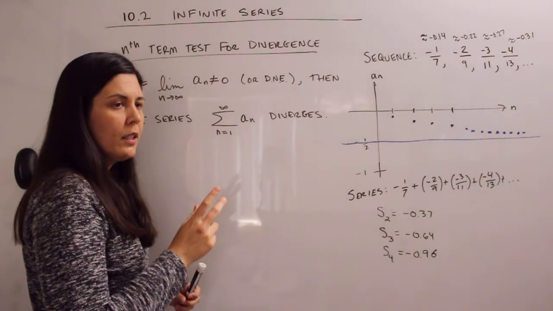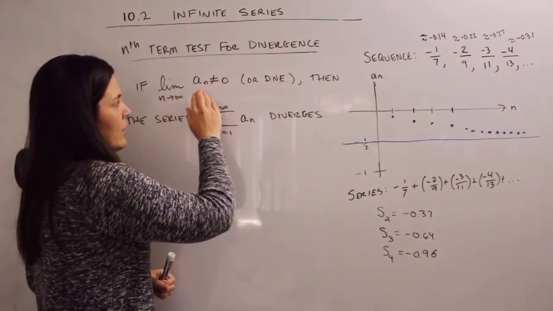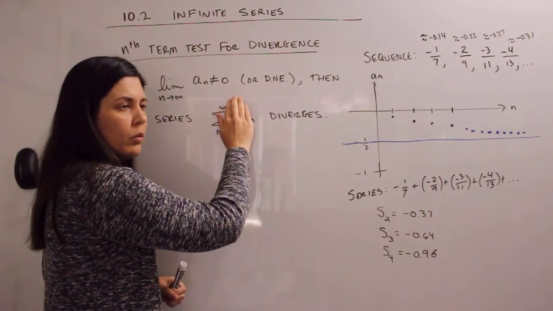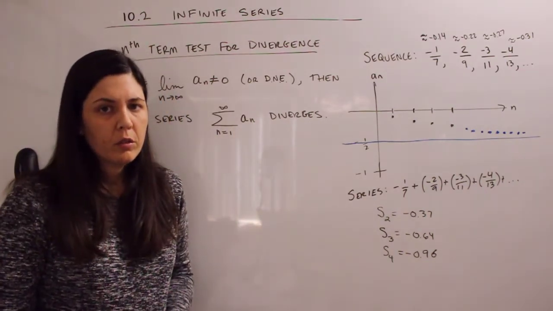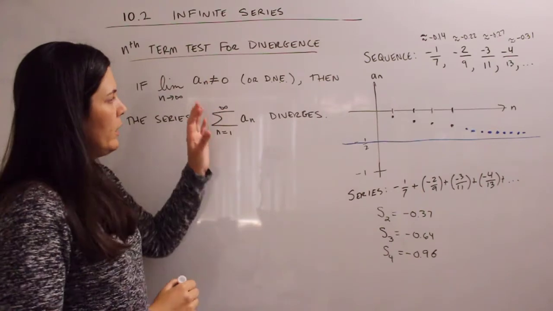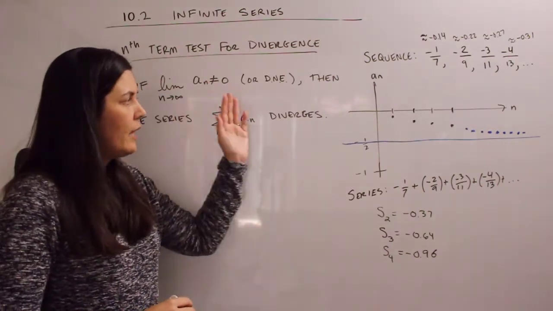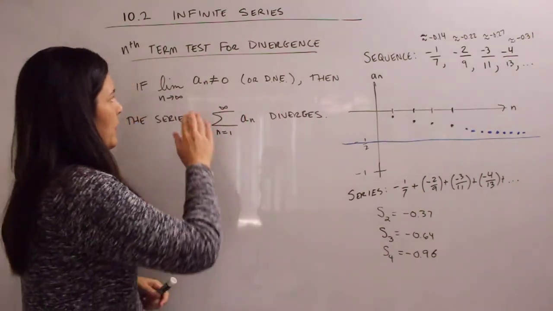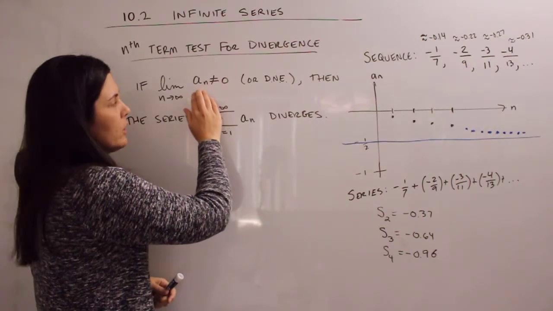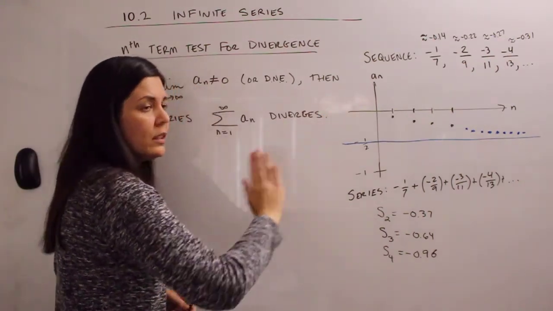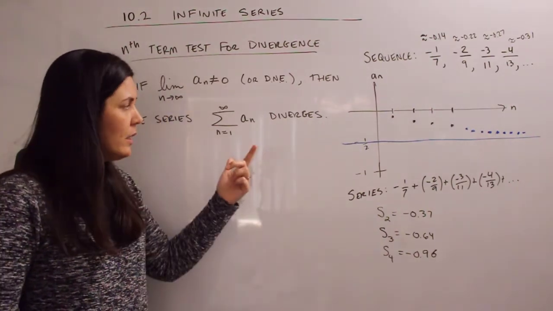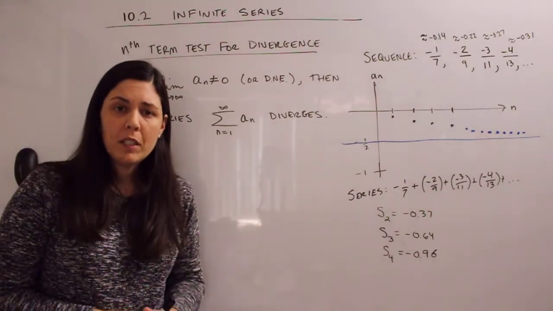Here's the opposite: if the limit of the sequence is 0, the series converges. That's not necessarily true. So be very careful with the wording here. You have to take it exactly for how it's stated. Just because the limit of a sequence might be 0, it does not imply that the series converges. That is just something to be aware of.